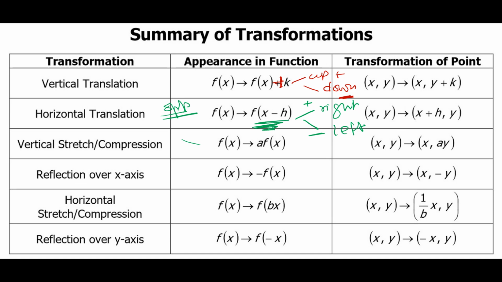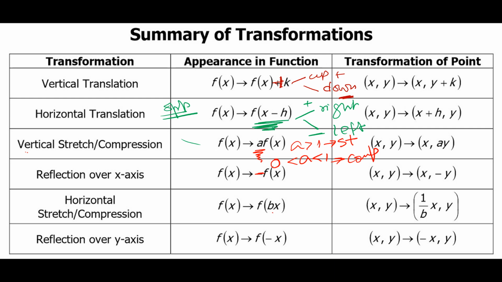The third thing we studied was the vertical stretch or compress. The first number written before the function is the factor that represents the vertical stretch or compress. A bigger than 1 is stretch. A less than 1 but greater than 0 means it is compress. Reflection over f of x happens if the minus is outside the function.